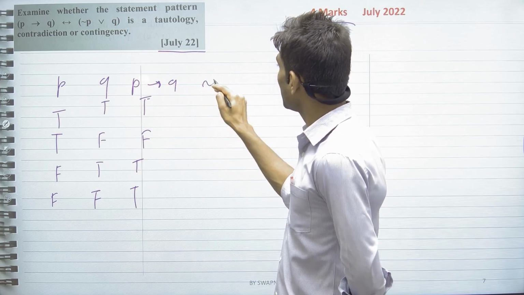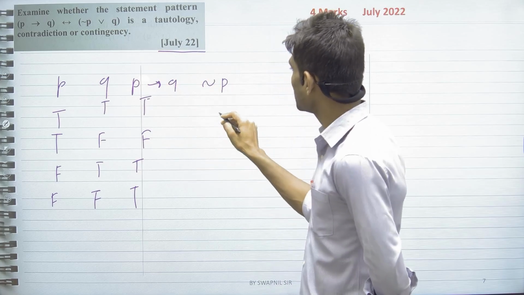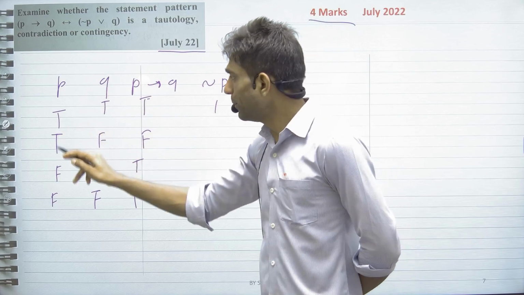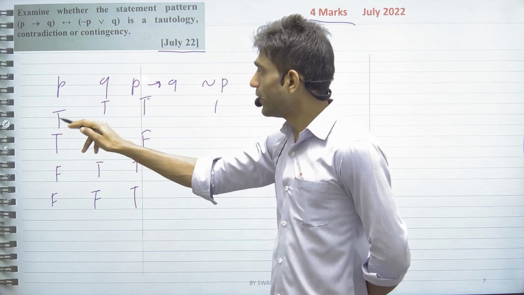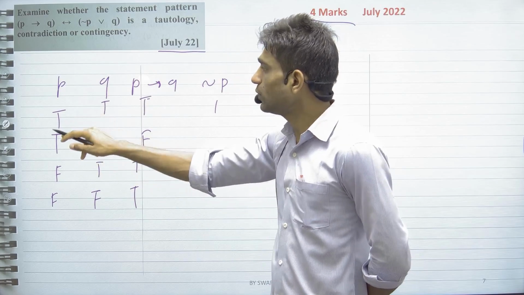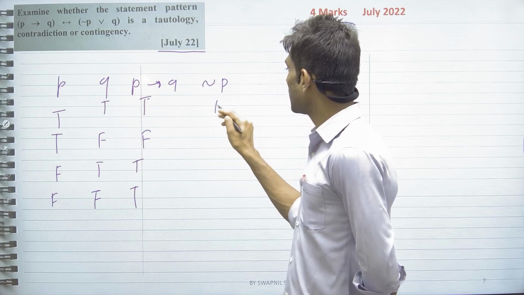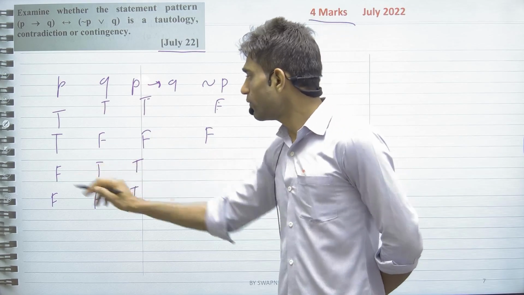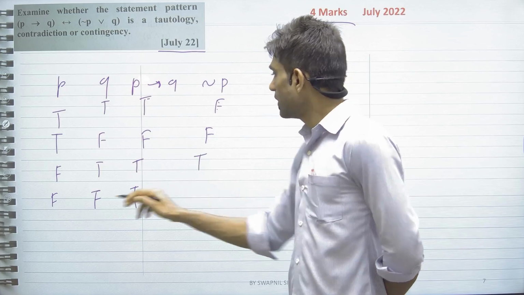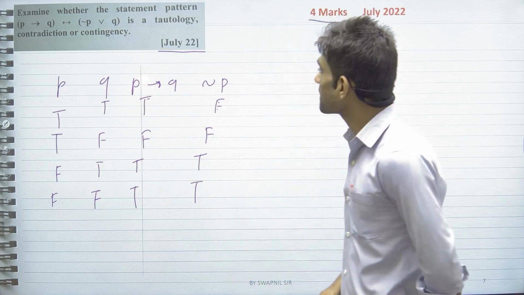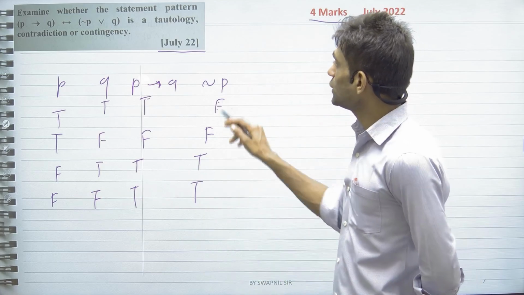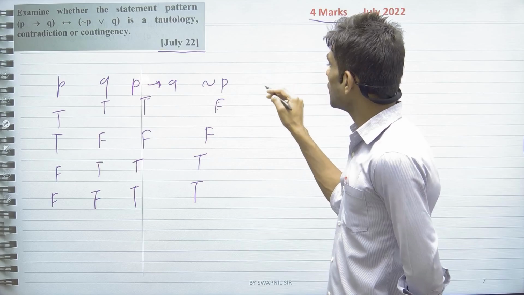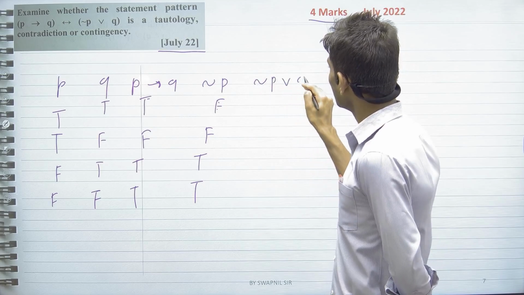After this we have negation of P or Q. Negation of P means the opposite values of P. So negation of a true gives us false, again negation of a true is false. Negation of a false gives us true, and negation of a false gives us true. So we have negation of P or Q as the next statement.